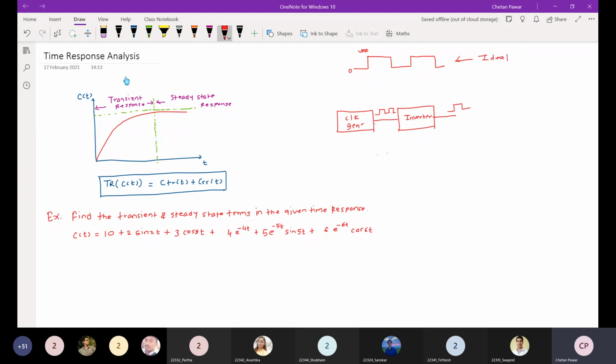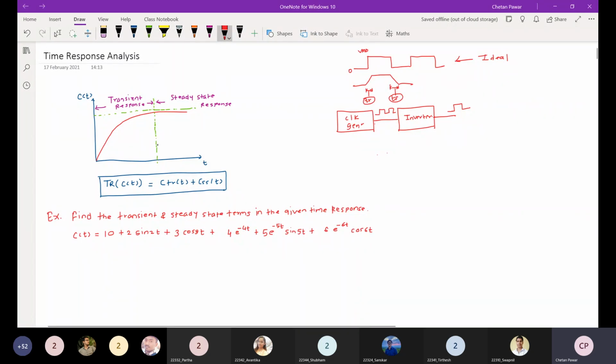But in the practical case, it takes some time to shift from 0 to VDD. This time is called the rise time, and this time is called the fall time. This portion is the rise time and fall time, and that is also a transient response.